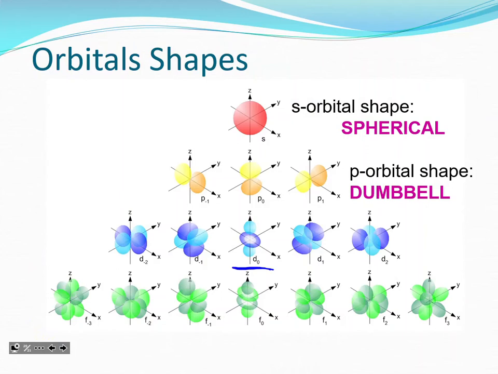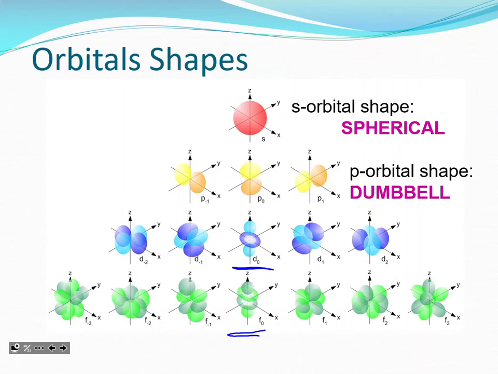But if you look here at our different orbitals, the s orbital, there's only one orbital in an s sublevel. There are 3 orbitals in the p sublevel. They are the dumbbell-shaped ones. I'm sure you've all seen weights in the weight room, but that's where they're getting the idea to call it a dumbbell.